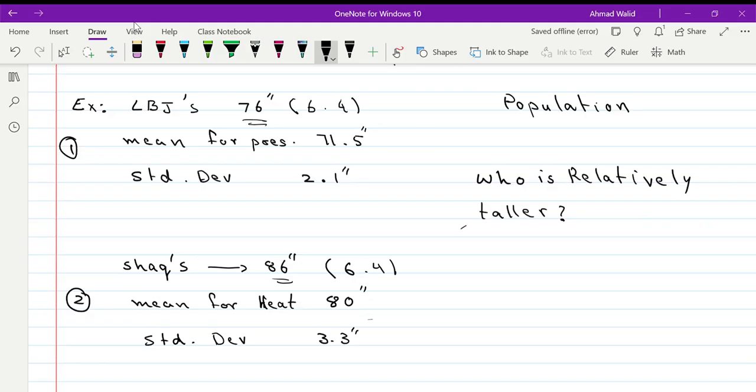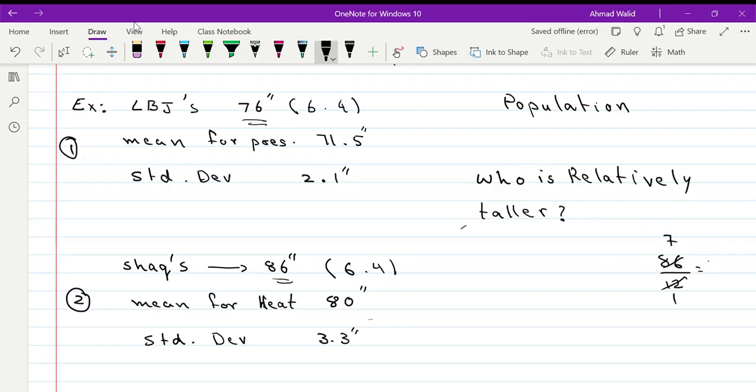Seven something actually. Correct? If you divide 86 by 12, let's find how tall he was. 7 times 12 gives you what? 84, correct?